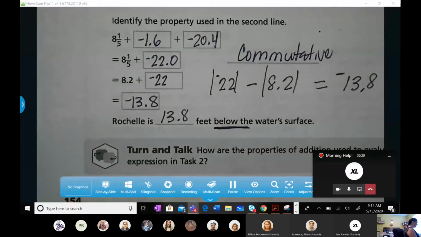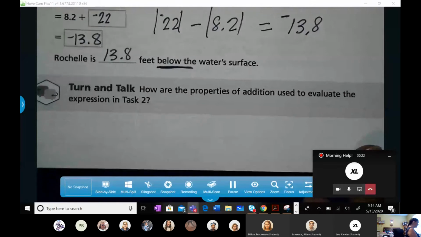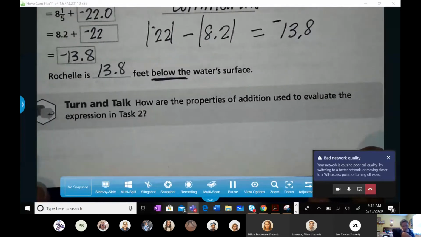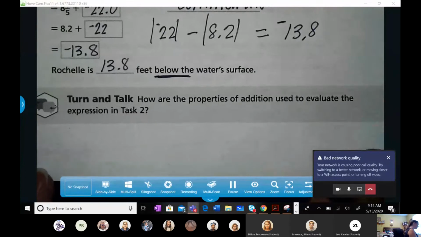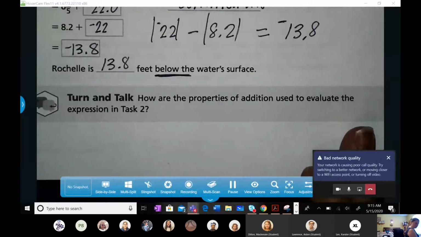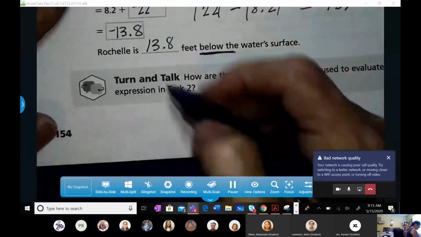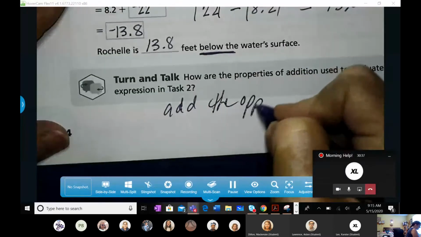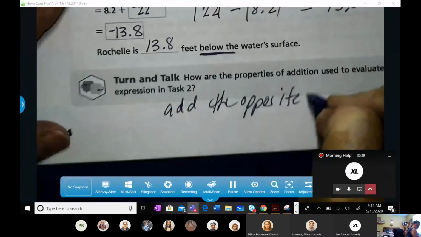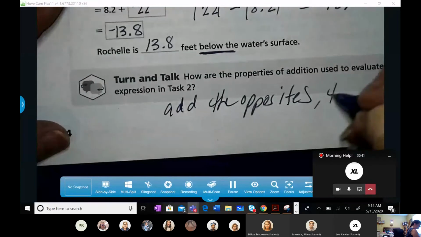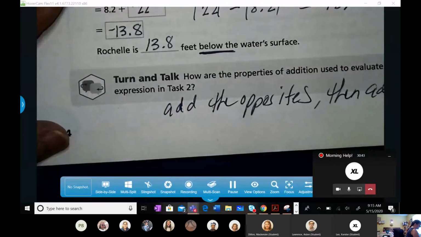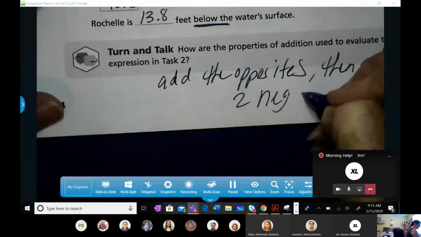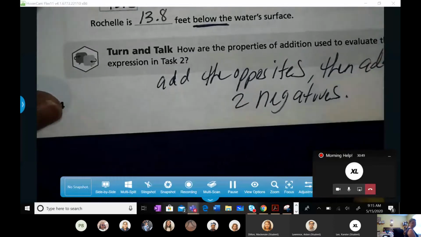Then the turn and talk says, how are the properties of addition used to evaluate the expression in part 2 and task 2? So we added the opposites and then added the two negatives. Okay.